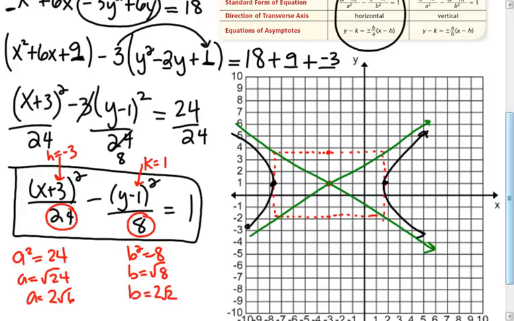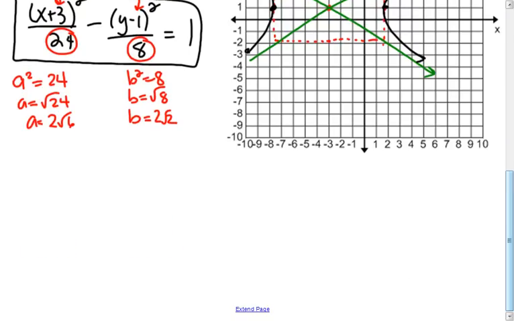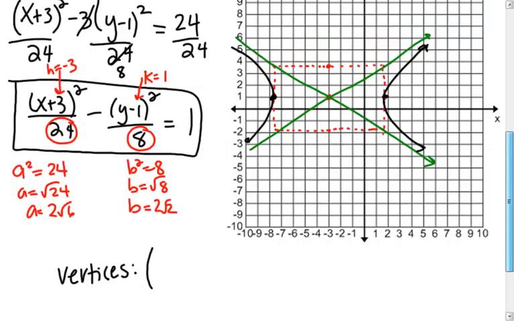Now we want to talk about our vertices and all of that other good stuff. Okay, so here we go. Our vertices. All right, so this first vertex right here, you can see that your y value is 1 up. So I know it's going to be something comma 1. My center started at -3 right here.